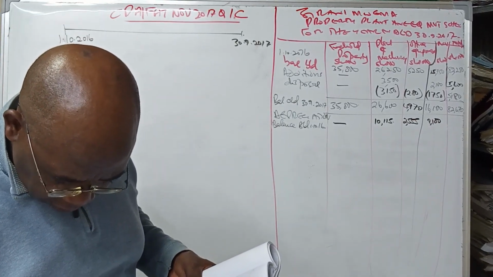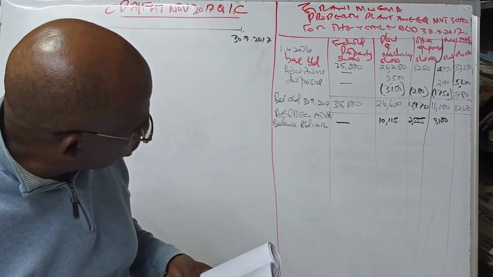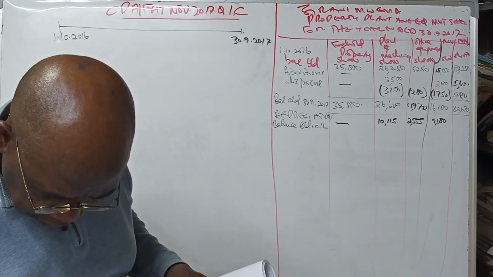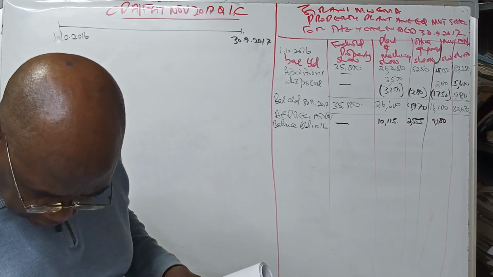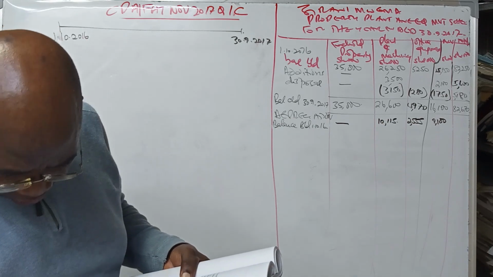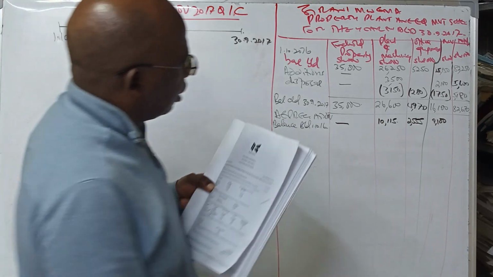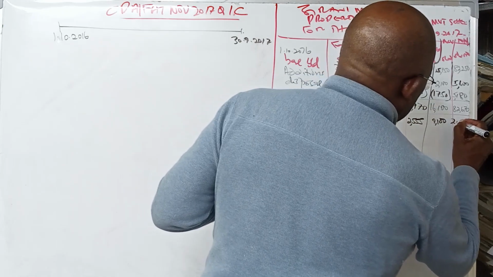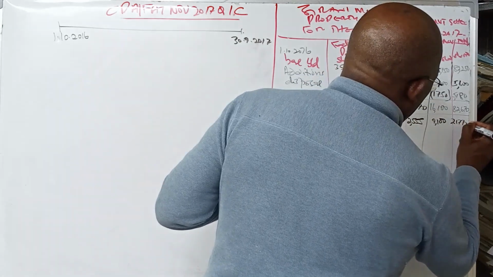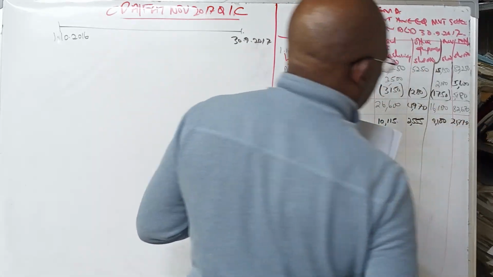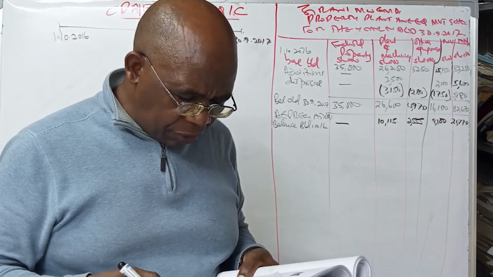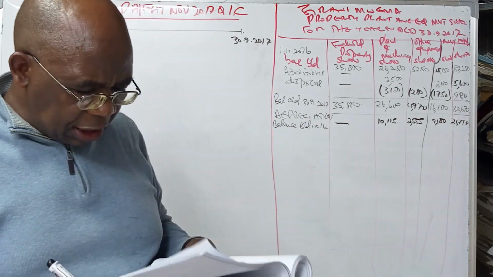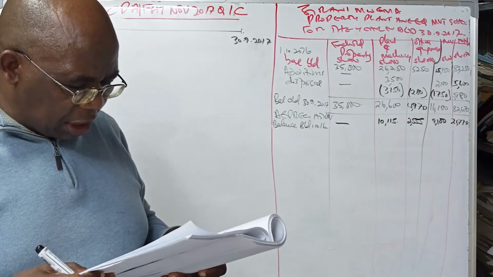Adding them up, you get a figure of 21,770. So the beginning accumulated depreciation of all non-current assets in total is 21,770.